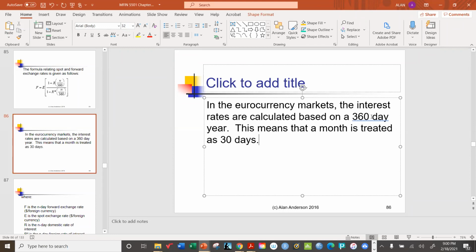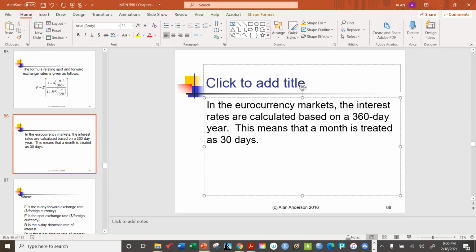All right, now it turns out that many financial securities have slightly different interest rate conventions. We can have the convention where we have 30 days in a month and 360 days in a year. We also could have 30 days in a month and 365 days in a year.